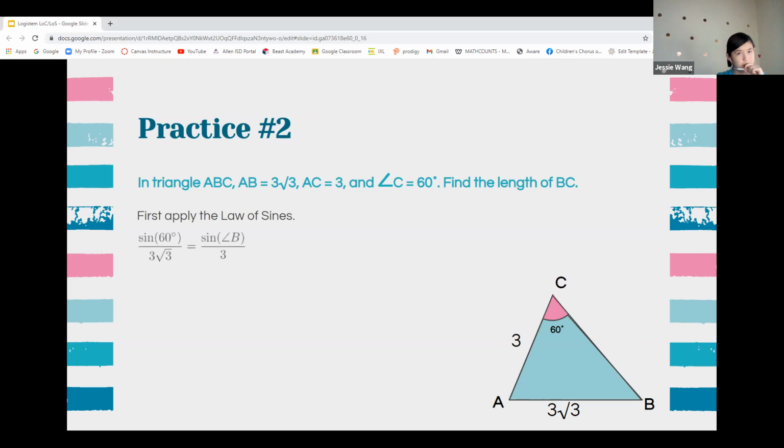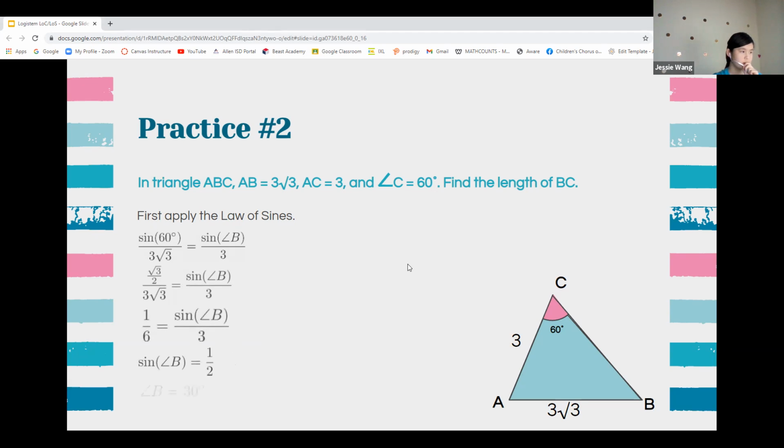So yeah, you can also apply the law of sines first. You can do sine of 60 degrees over 3 root 3 is equal to sine of angle B over 3. Upon simplifying, we plug in sine of 60 degrees is equal to root 3 over 2. The root 3's cancel on this side, so we just get 1/6 equals sine of angle B over 3. So we find that sine of angle B equals 1/2.